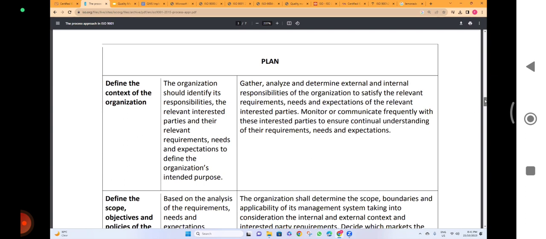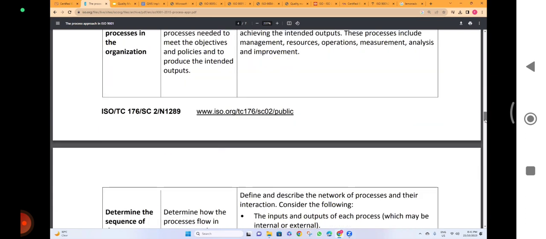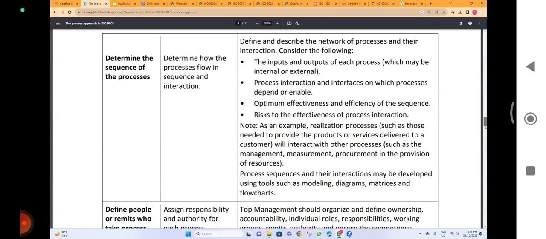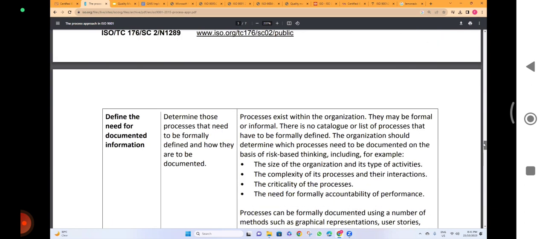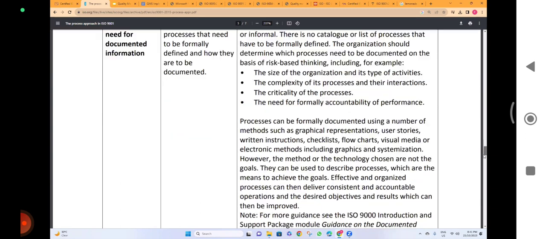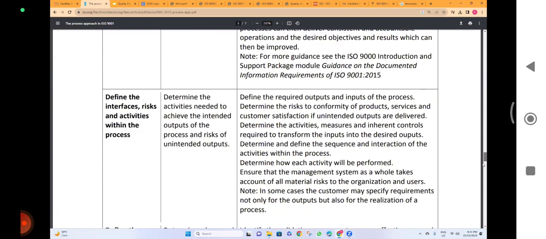Right now in planning, I'm going to show you how to define the context, how to define the objectives, how to determine the processes and the sequence, how to assign responsibility and authority, how to determine documented information, how to determine activities, and also monitoring and measurement.